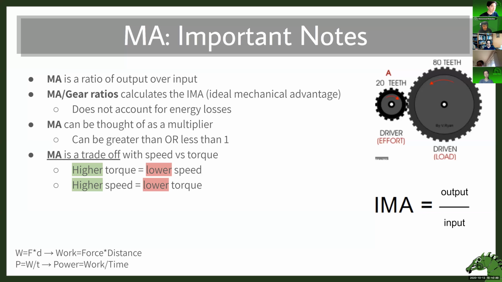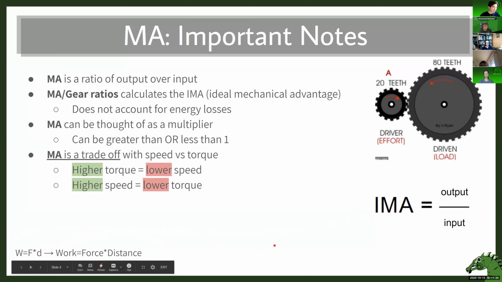What happens is if you have higher torque as a result of a reduction by gears, or just a reduction in ratio, you'll have a lower output speed. And the same goes for the other way, where if you gear it up, which I'll explain later, you'll have lower torque.